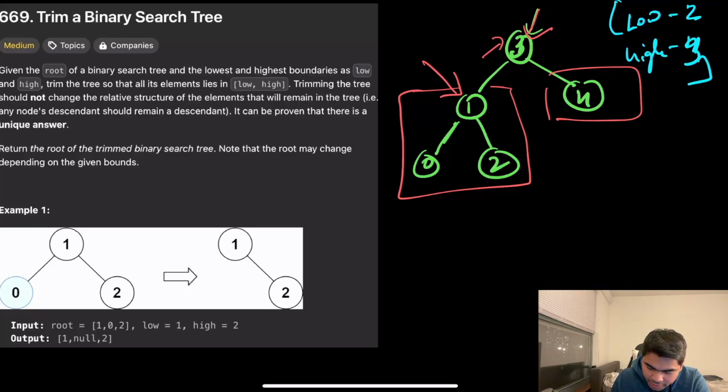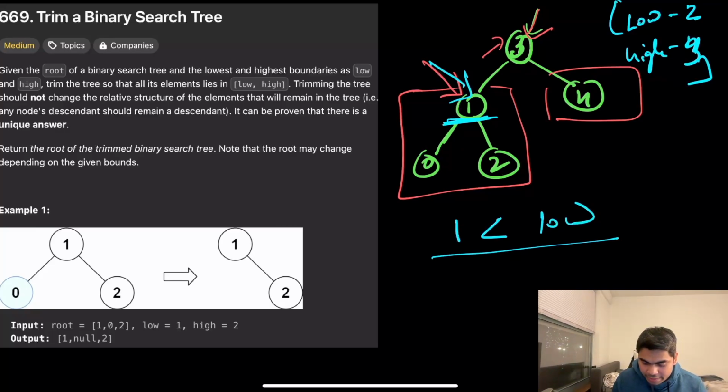Now I will check again if this is in my range. 1 is not in my range, so then I'm gonna check if my 1 is lesser than my low, which it is. Then what I'll do is I will trim this entire part.